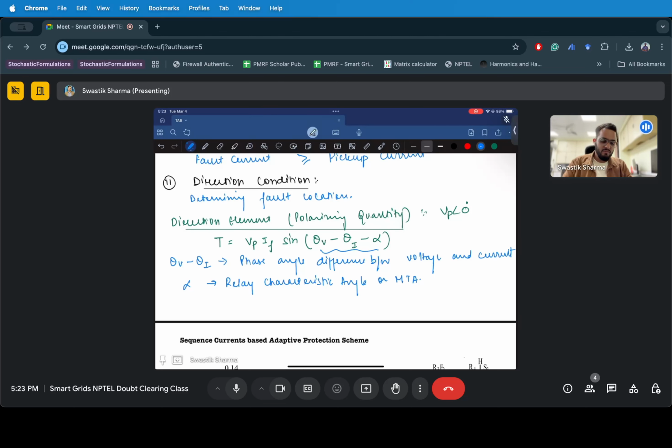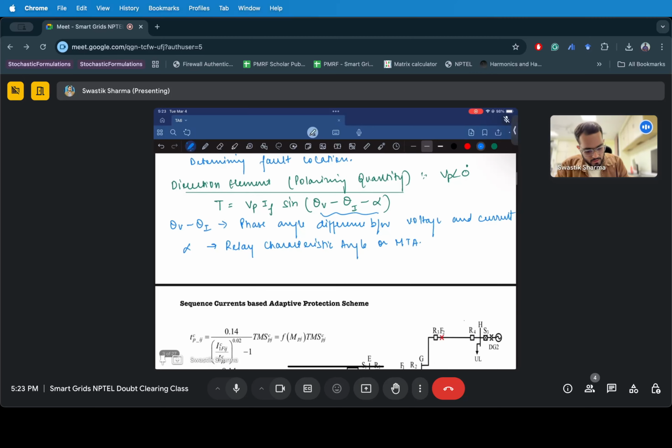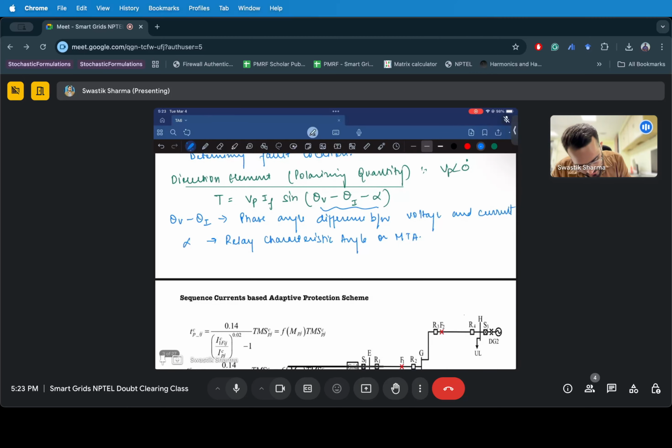Is it behaving in front of you or backwards of you? This generally is between 30 to 60 degrees: 30 to 45 for transmission and 45 to 60 for distribution network. It's higher for distribution network because of a high R by X ratio.